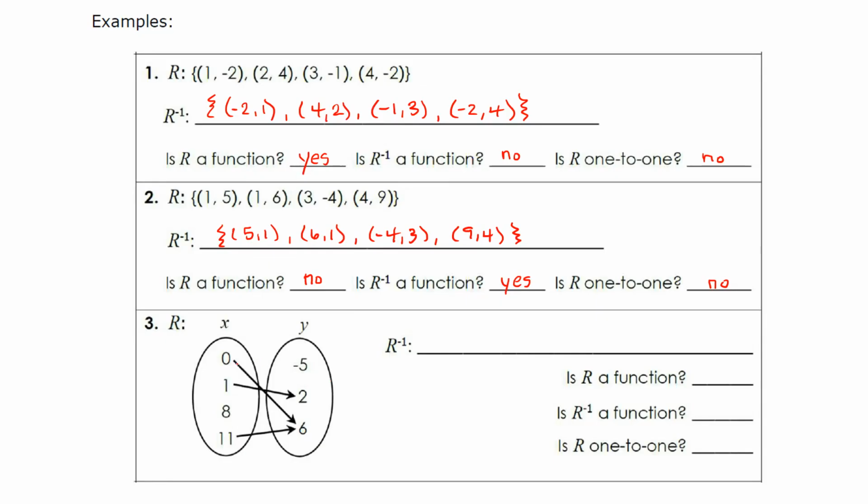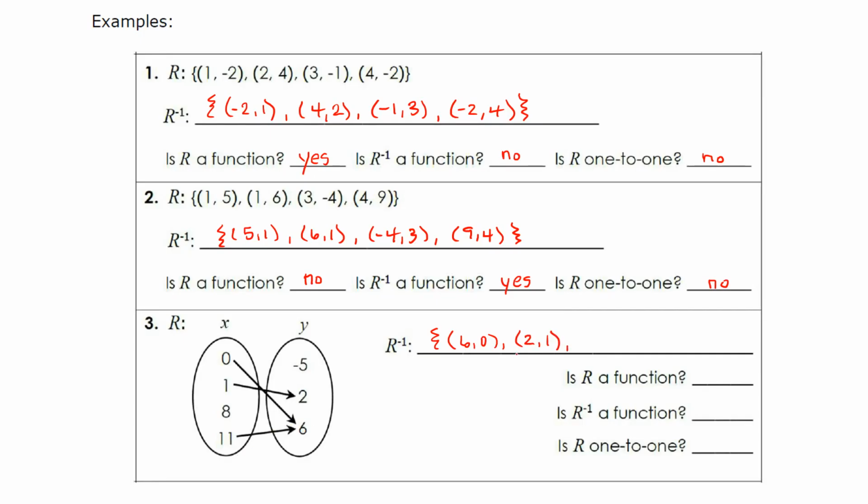And number 3, we have a mapping visual. So the arrows tell you what x coordinate maps to what y coordinate. We'll take the first one, which is (0, 6) in the relation. So in the inverse, it would be (6, 0). 1 to 2 would be (2, 1).